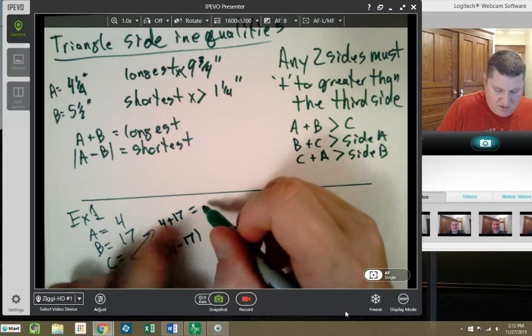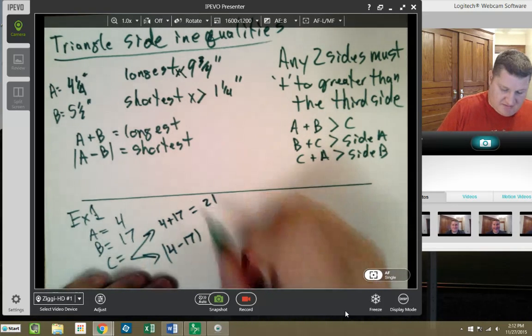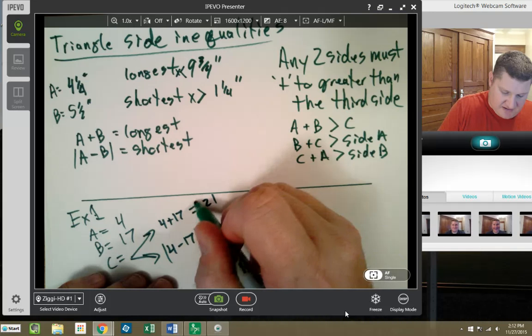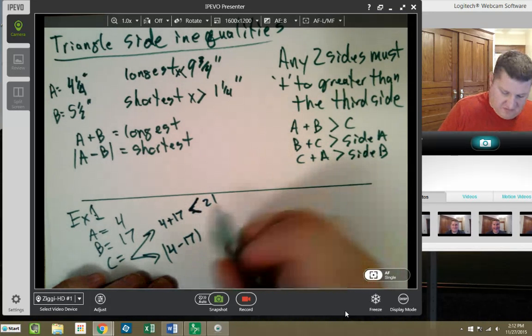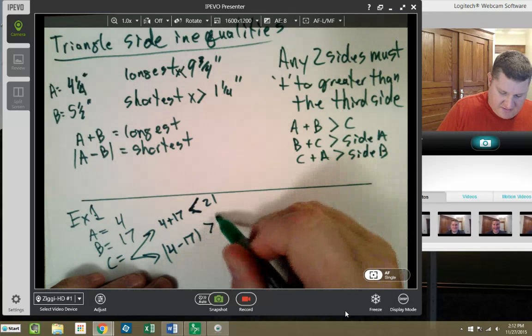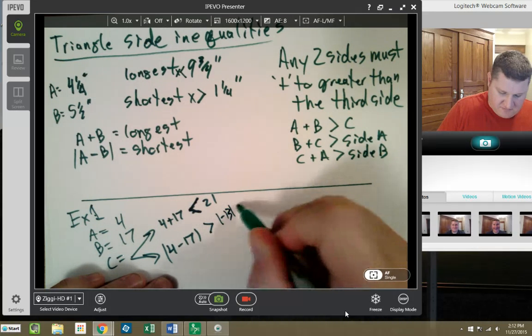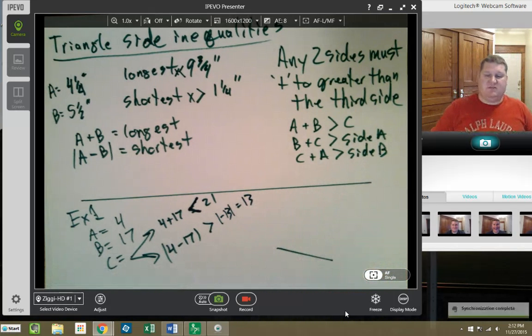Here we go. So we have 21 could be the longest side, but again, it can't really equal 21. It's going to have to be less than 21 for it to be a triangle. And it's going to have to be greater than the absolute value of negative 13, which is 13. So it has to be bigger than 13 and smaller than 21.